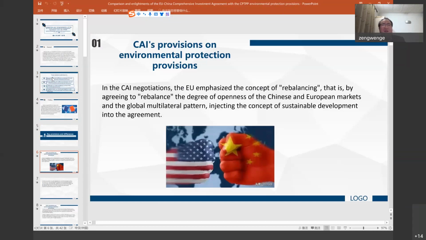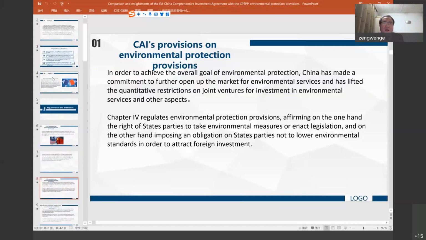The CAI's provisions on environmental protection. In the CAI negotiations, China and the EU emphasize the concept of balance: balancing the degree of openness of the Chinese and European markets, and injecting the concept of sustainable development from the global multilateral pattern into the agreement. That is the first time China and the EU have had this kind of article about sustainable development.